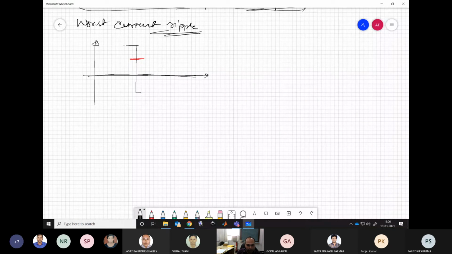This is how we are applying. Is it correct? Now this is our voltage error during the positive pulse width, and this is the voltage error during the negative pulse width. Is it true?